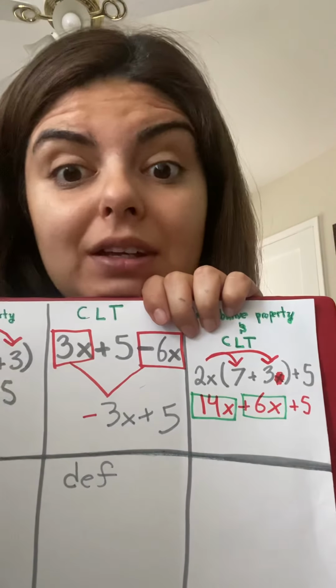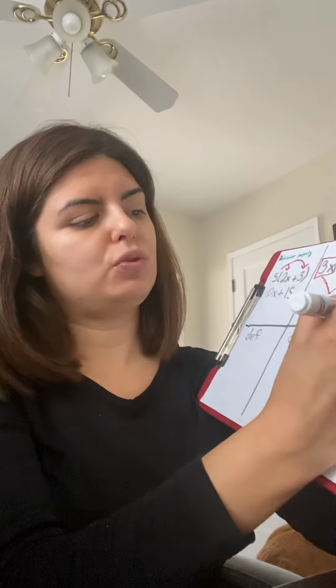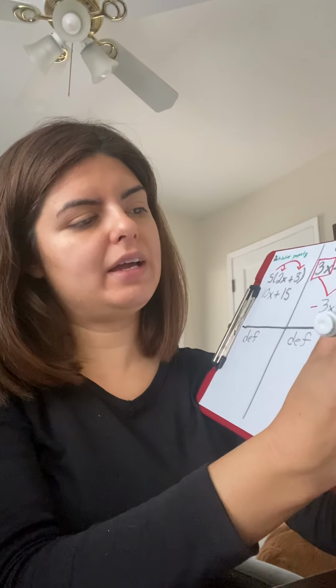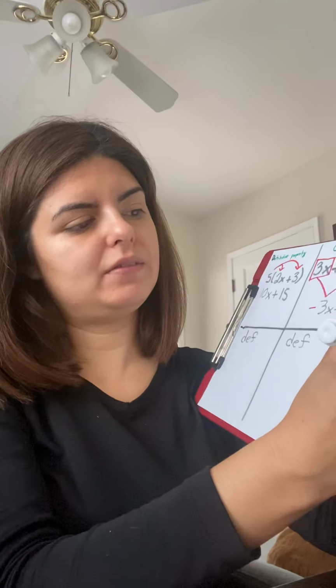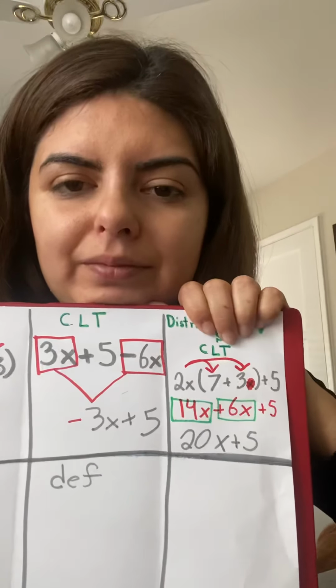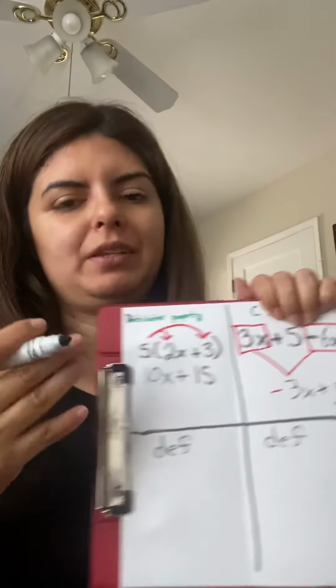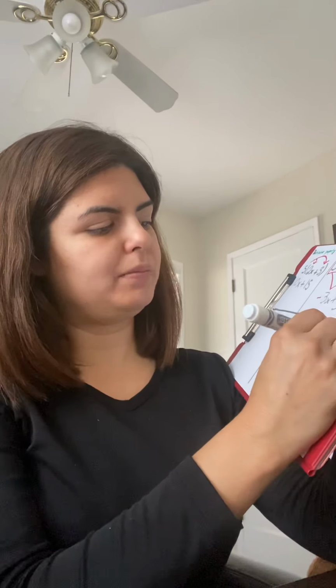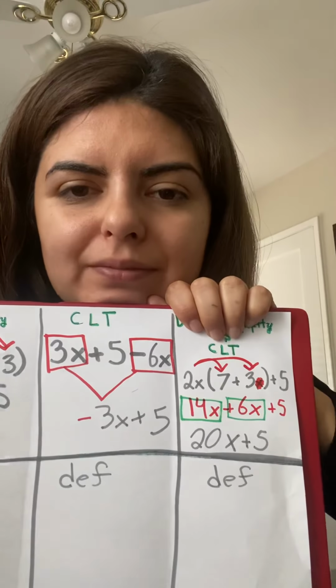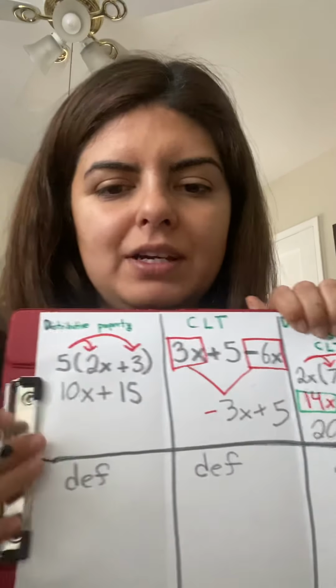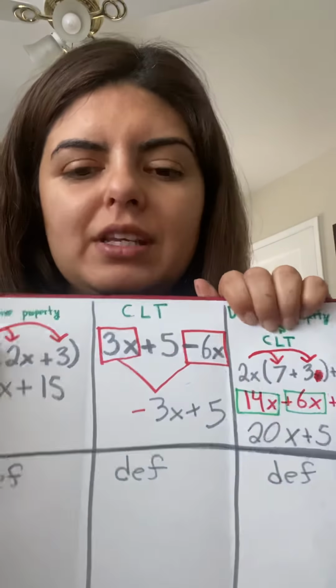So that would be 20x plus 5. 20x. Okay. So I'm going to go ahead and put down here definition. Okay, so you guys remember that you guys need to define the words.